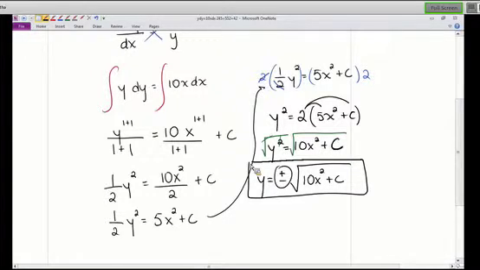On the answer key for 8a, it does not express the solution with c because we are given an initial condition.